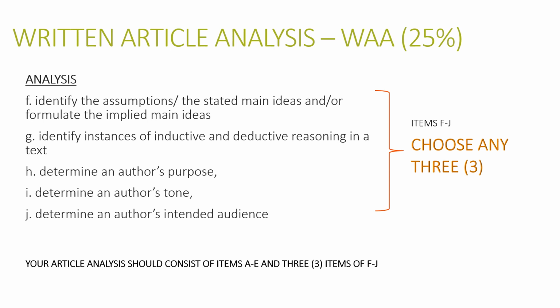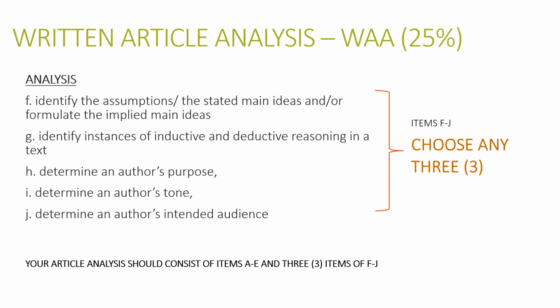So all in all, there should be 8 components. A until E are compulsory. For F until J, you just need to choose only 3 items. With that in mind, I would highly suggest you go with items H, I, and J. Trust me, it'll be much easier. But if you like to challenge yourself, or you are really good with items F and G, it's okay.